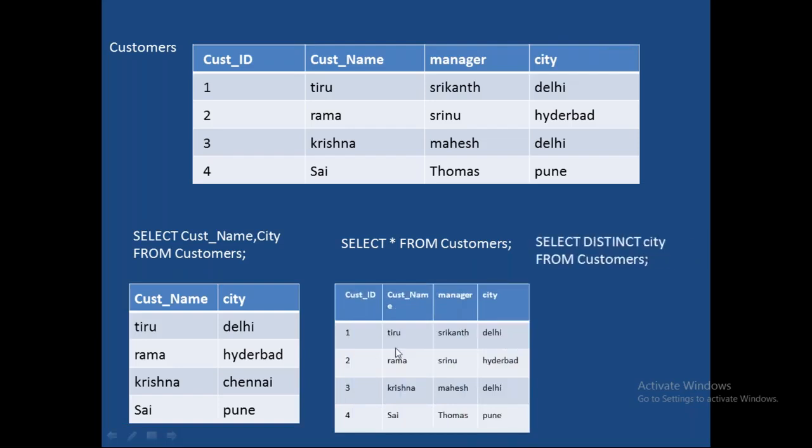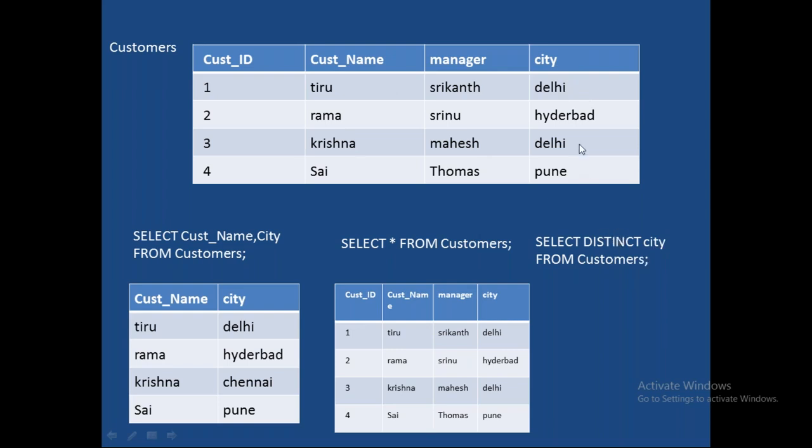Can you tell me select distinct city from customer? Remember, when I said distinct city, unique cities I want. First thing you need to understand, from this entire customer table, select the city column. I am selecting only the city column. In that, I am going to put something called distinct.